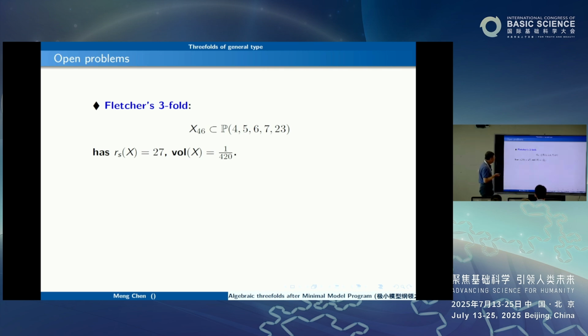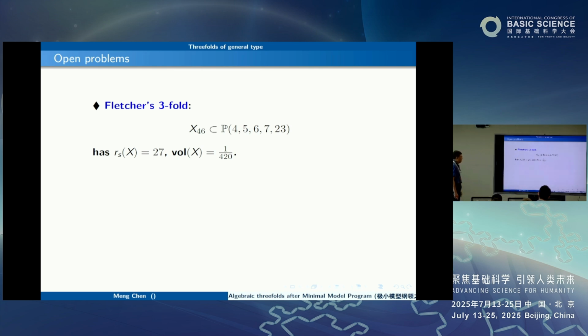Here is an example of Fletcher. This is the first example showing that in high dimensions, a variety can have very small canonical volume. It is a general hypersurface in a weighted projective space. This canonical threefold has canonical stability index 27, and the canonical volume is 1/420.